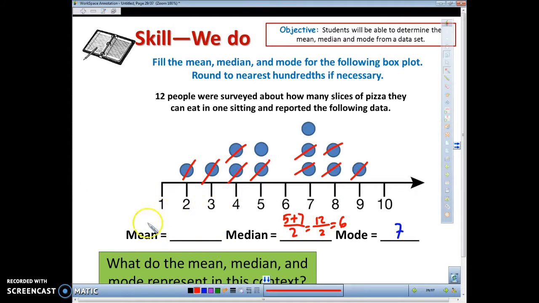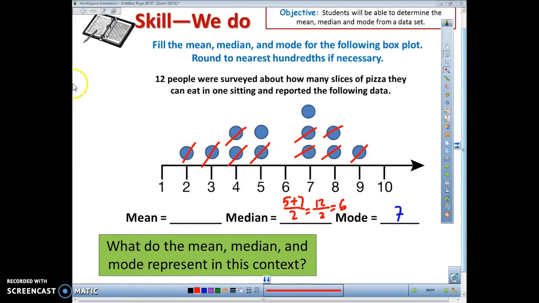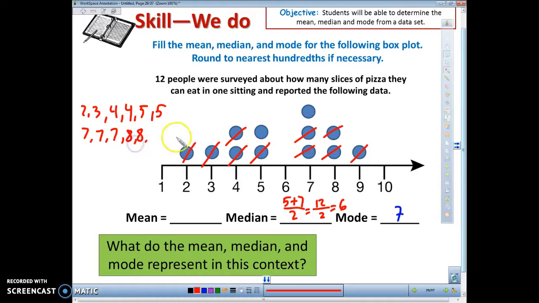How I do this is we're just going to take all of these data points and add them together. So I have 2, 3, 4, 4, 5, and 5. I'm going to continue down here, 7 and 7, and then I have 8, twice, and 9. So I have 12 data points, and to calculate the mean, I'm going to add up all those values and then divide by 12.